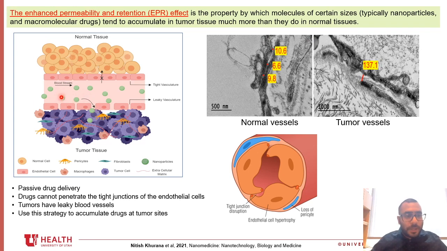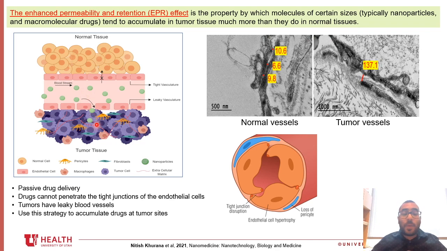So a nanoparticle, say for example of 100 nanometers, is passing through the bloodstream. It cannot cross this tight junction, or in other words, we call this extravasation. Whereas for the tumor vessel, this nanoparticle can automatically extravasate through these fenestrations and accumulate in the tumor tissue.